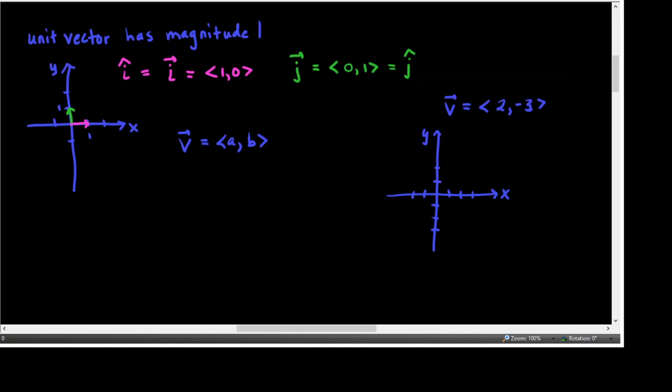So if this were vector 2, -3, it would terminate at the point 2, -3. And what I want to think of is, what vectors could I add together that are special unit vectors as defined that would produce that?